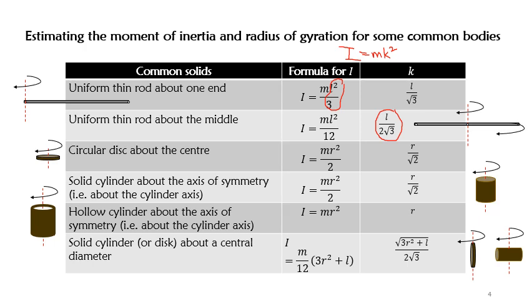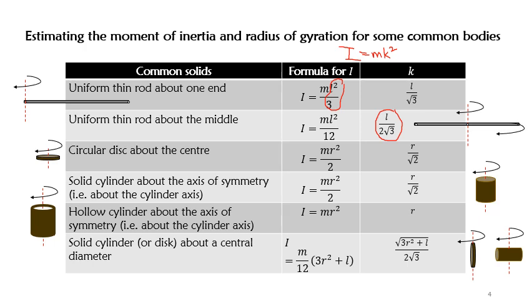But when you have a cylinder that has space, a hollow cylinder, and it's also through this axis of symmetry, through the center, then in this case I is M R squared and K is equal to R. Do you know why? You will now understand why.